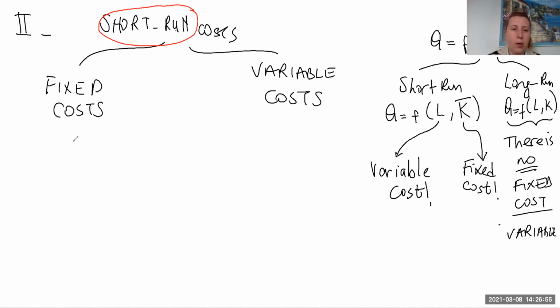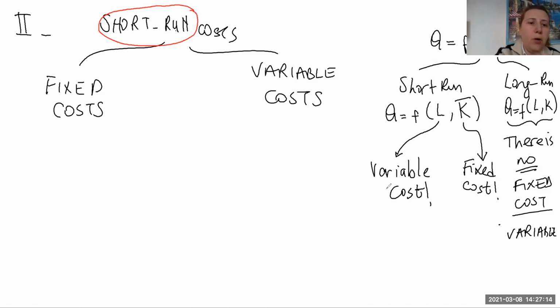So in the second classification, we are talking about the short run costs, and some short run costs are fixed costs and some of them are variable costs. They are sourced from the definition of the production function.